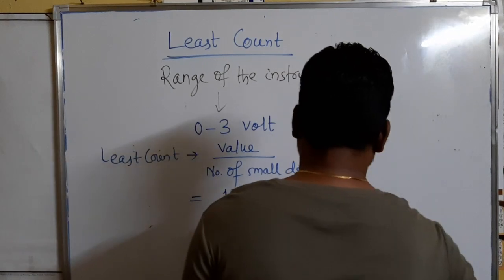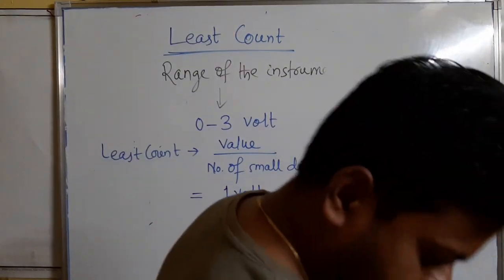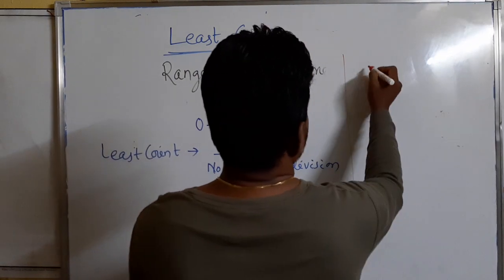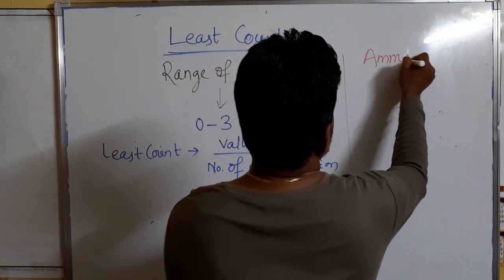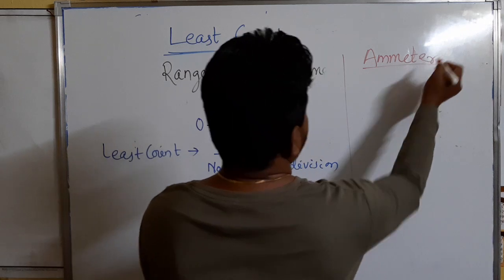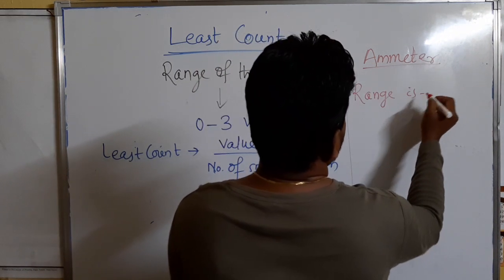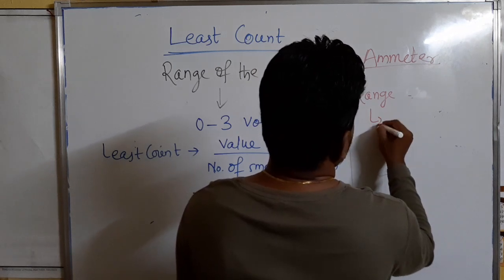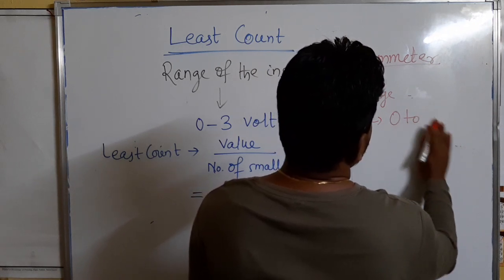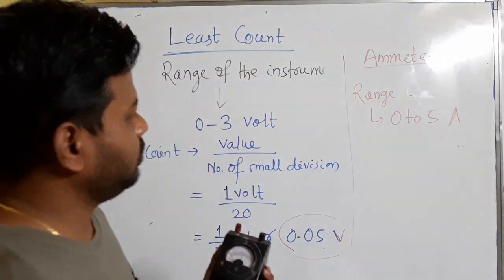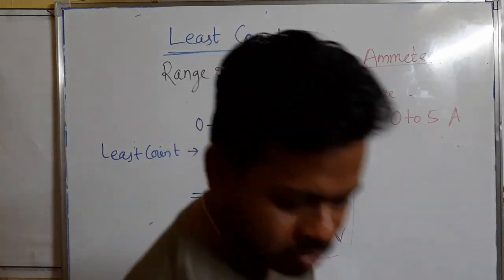Now we're doing it for the ammeter. This ammeter range is 0 to 5 ampere, and now we'll find out the least count.